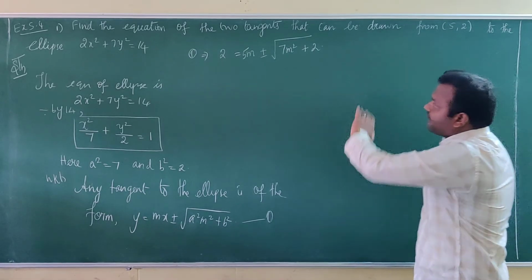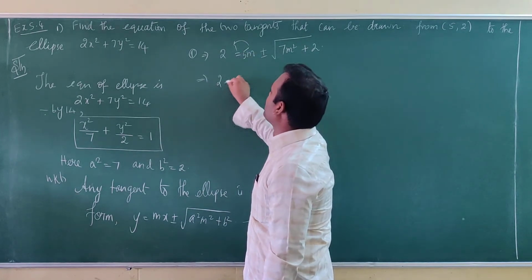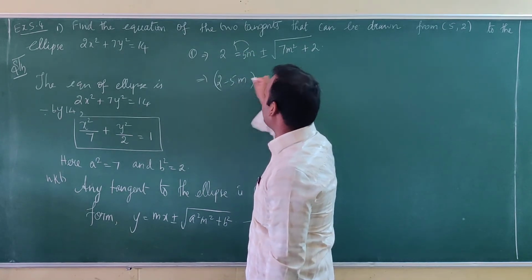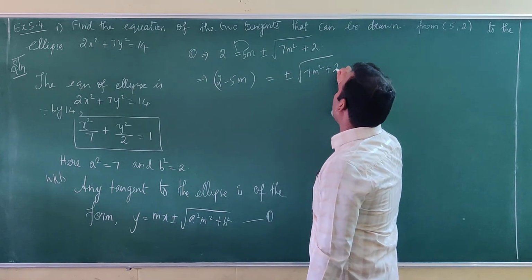So now we are going to rearrange this equation. You just bring the 5m to the other side. So you will get 2 − 5m = ± √(7m² + 2).